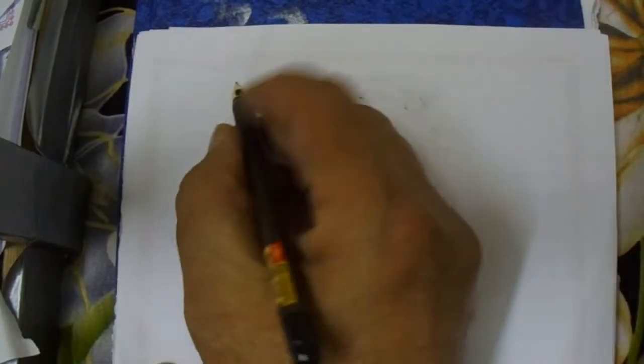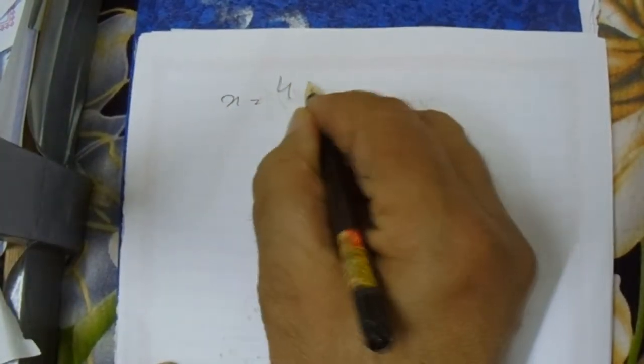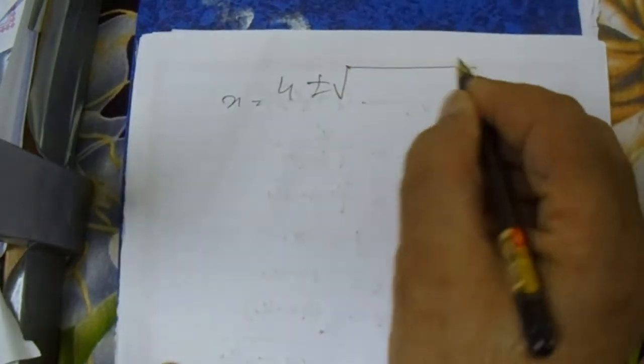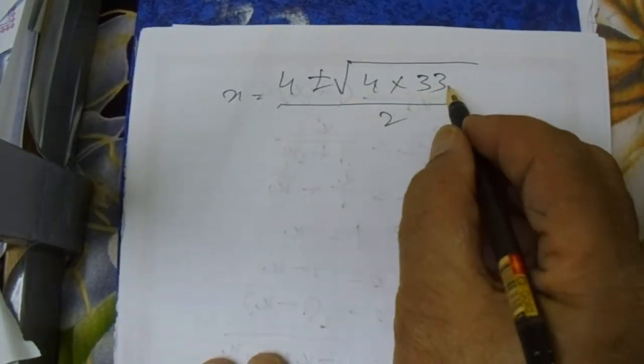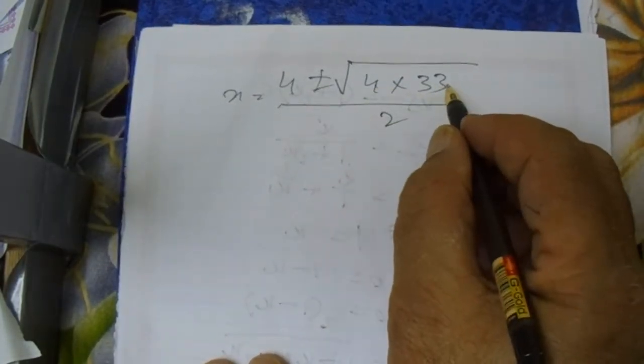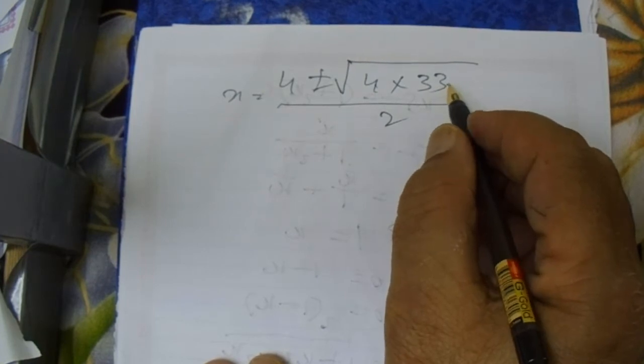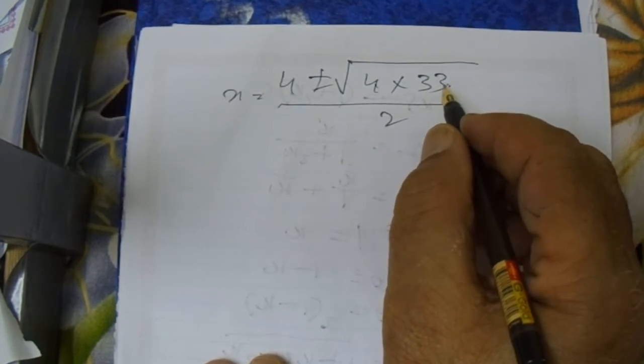On the next page we solve the equation like this, and we make the factors of this. x is equal to 4 plus minus, and we write 4 multiplied by 33, over 2. 4 times 33 is 132.